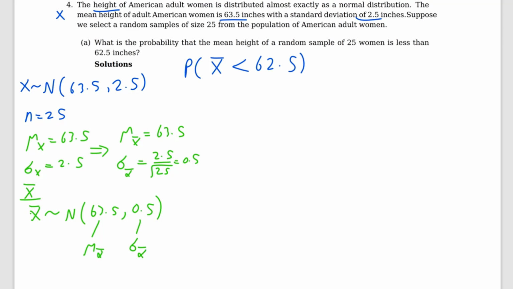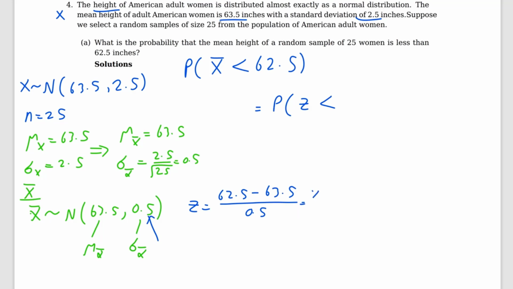Got it? Any questions? Let me write this, convert to the z. Probability z less than, actually you know, if you think it looks hard to do the inside, you can write down this here. Z equal, we have 62.5 minus mu x bar, that is 63.5 divided by 0.5, sigma x bar, right?